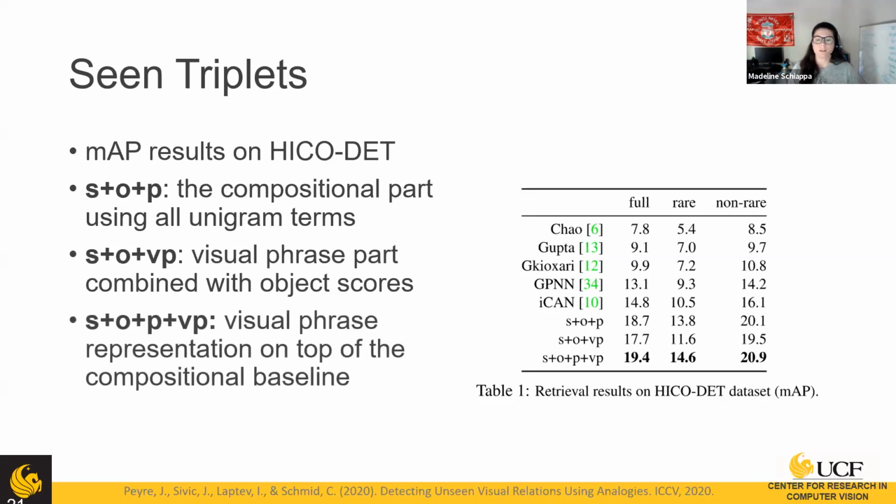Finally, their model uses subject, object, predicate, and visual phrase on top of the compositional baseline. As you can see, that performs the best. They also split up these results by the full data set, evaluating only on rare and evaluating on non-rare. Rare performs a little less than the full data set.